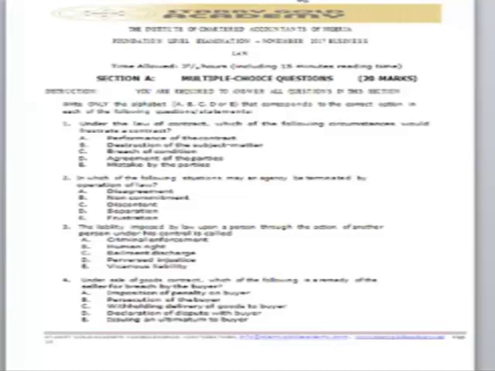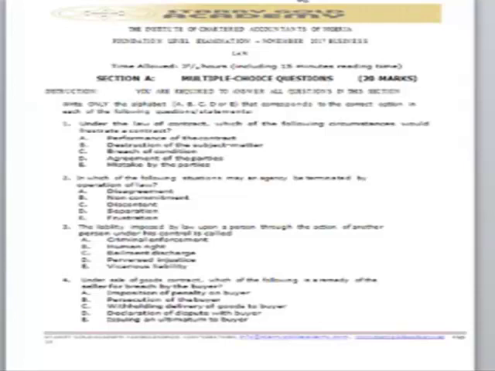Take for example this number 1 as an example. You look at the question: under the law of contract, which of the following circumstances will frustrate a contract? Performance of the contract, destruction of the subject matter. It's saying frustrate, okay?